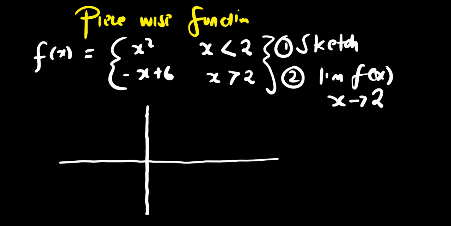Okay, if we are going to plot the graph of the first one, let's say we're dealing with x squared. Since x is less than 2, we can start from the same 2.